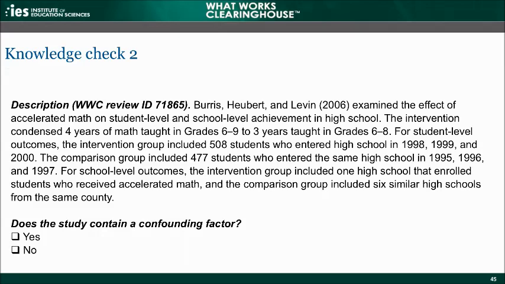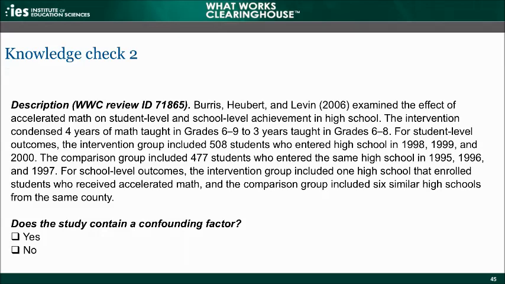through 8. For student level outcomes, the intervention group included 5,008 students who entered high school in 1998, 1999, and 2000. The comparison group included 477 students who entered the same high school in 1995, 1996, and 1997. So we want you to think about potential confound with respect to the student level.